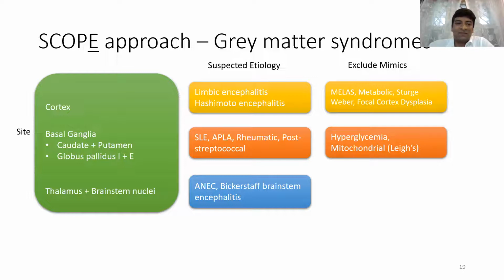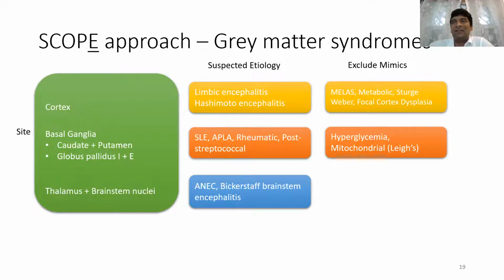Among the chorea in movement disorders, hyperglycemic chorea, especially hemichorea, is something we see frequently. And mitochondrial disorders can present with chorea. Hypoxic injuries, carbon monoxide poisoning, all of these can also present with basal ganglia involvement, because the basal ganglia tissue is very energy dependent.